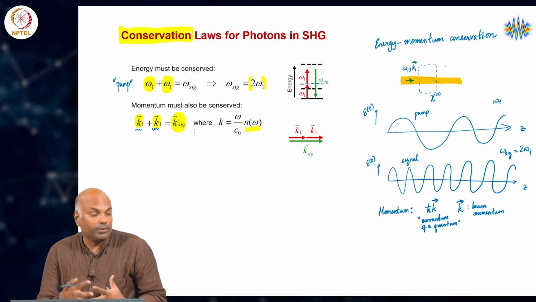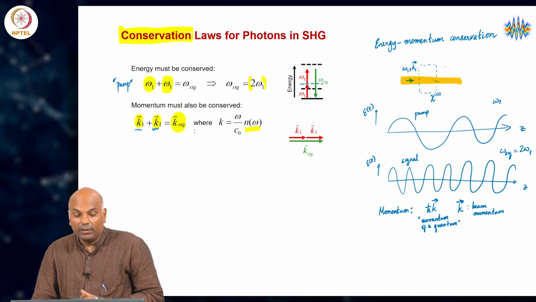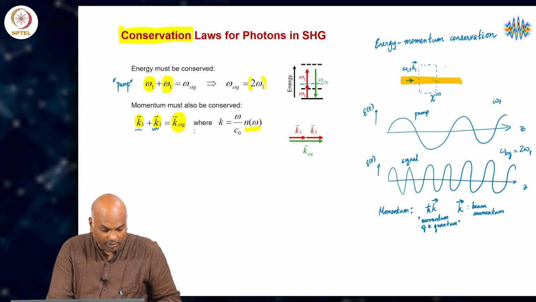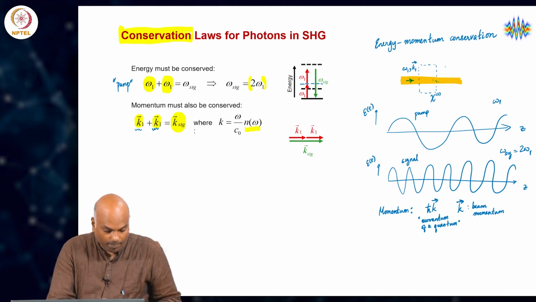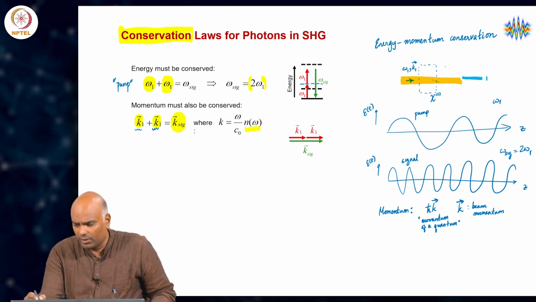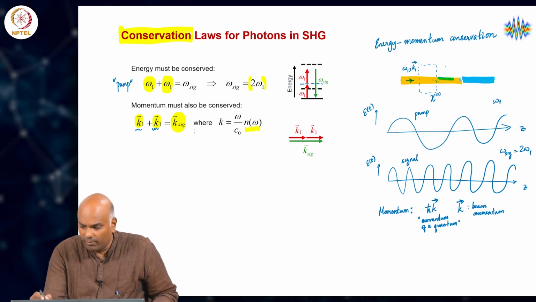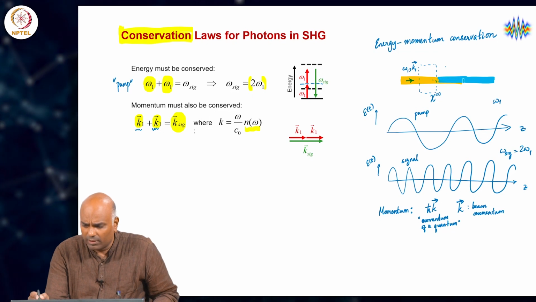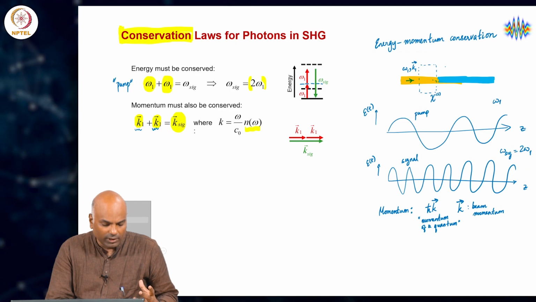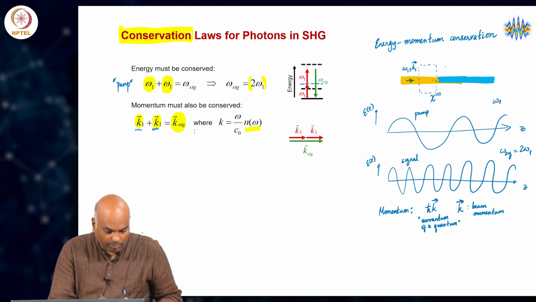To observe and have appreciable second harmonic generation, we need crystals. But the point being that what comes out as a consequence of the second harmonic generation is a beam at a different frequency. So, there is a blue beam which would emanate from this crystal. It is not that the pump would be totally converted to the second harmonic, that is not true, I am exaggerating the case here simply to make a point.